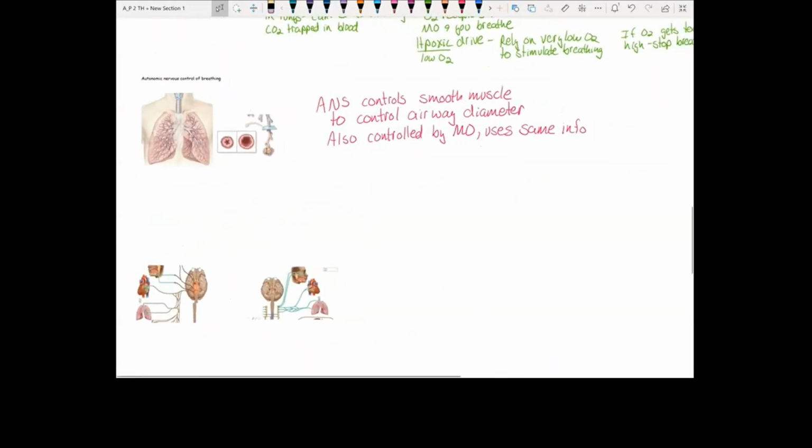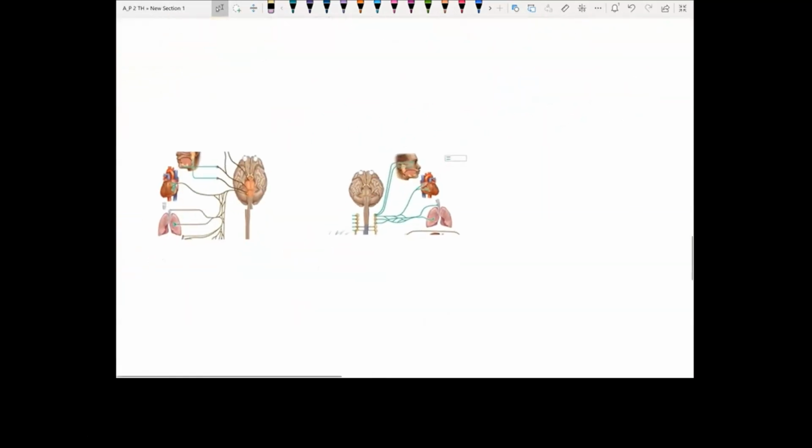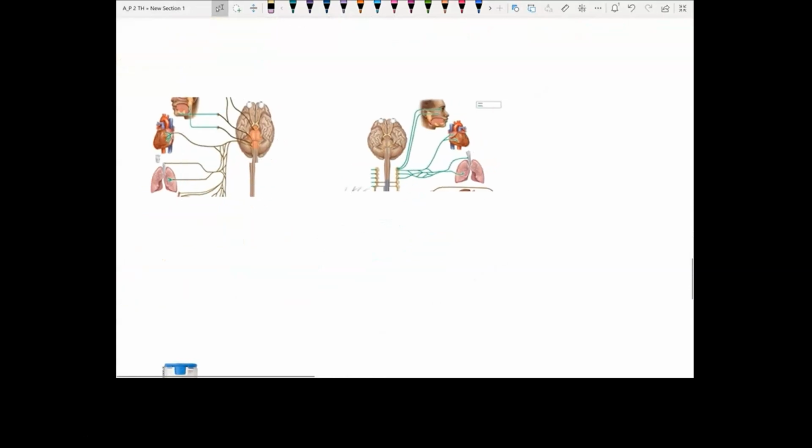Okay, so if we come down here, you have your two options, sympathetic and parasympathetic. So we know that this is parasympathetic and this one is sympathetic. Okay, so parasympathetic is going to be if your pH, so now think it through.